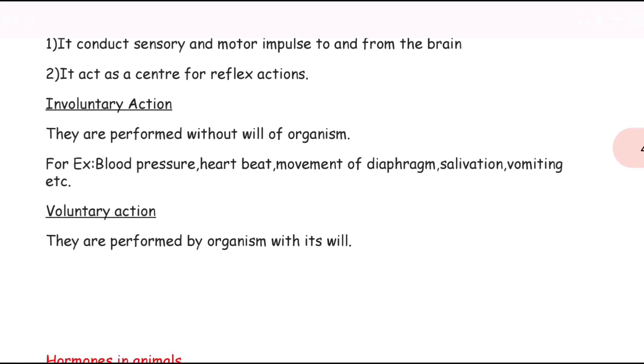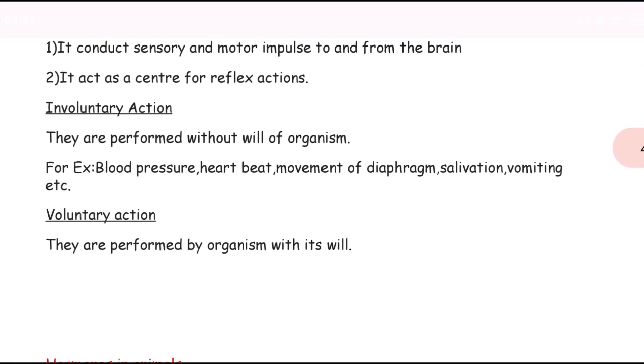Then, involuntary action and voluntary action.